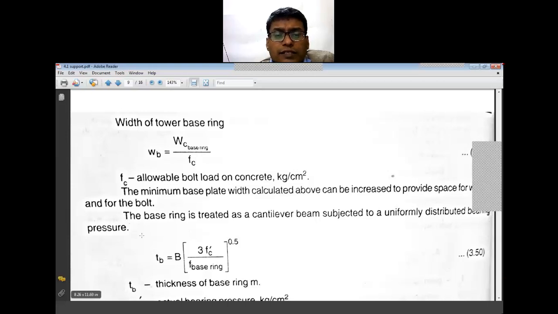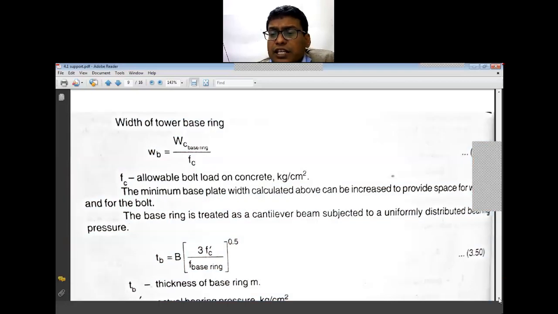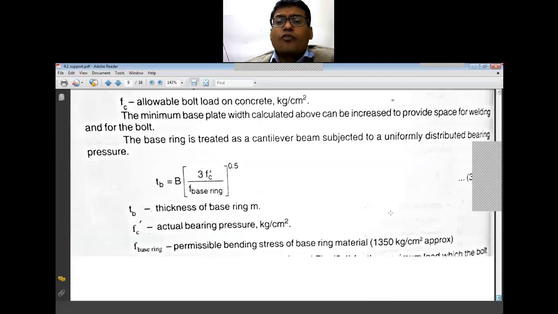So the thickness of the base ring is to be calculated by using this formula: T, which is equal to 3 times HC dash upon F base ring raised to the 0.5. So the thickness of the base ring and the thickness of the skirt are to be calculated in the designing of the skirt support.